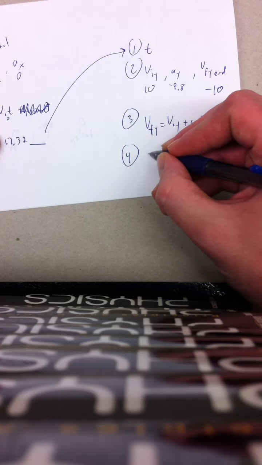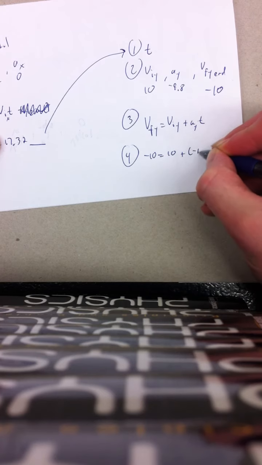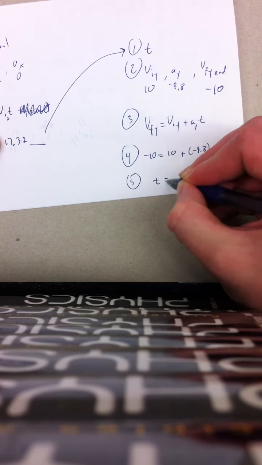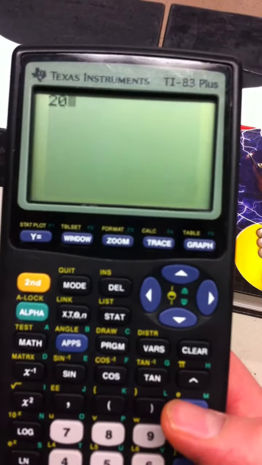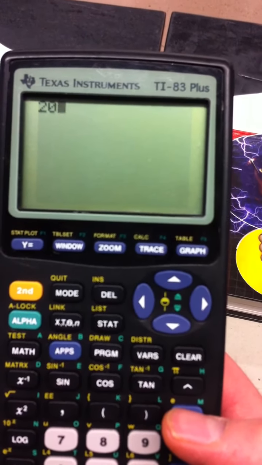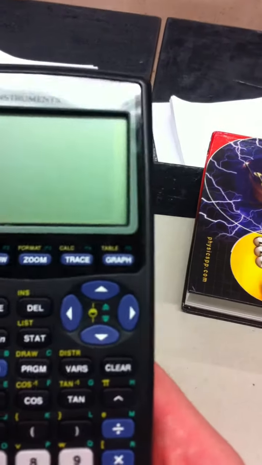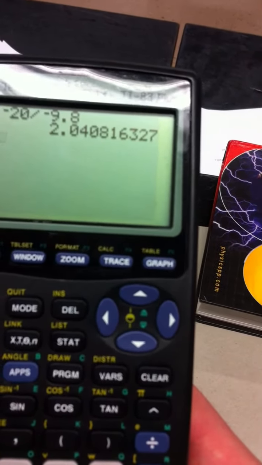So we have negative 10 equals 10 plus negative 9.8 t. T comes out to be, the 10 comes over and becomes 20. The negative 10 comes over to the other side and becomes a total of negative 20, and divide that by negative 9.8. Becomes 2.041 seconds.